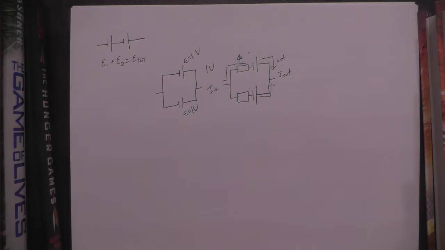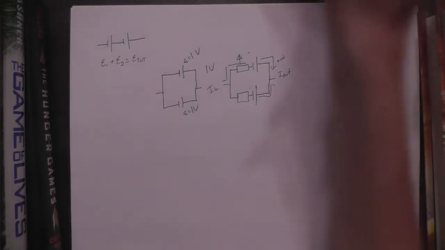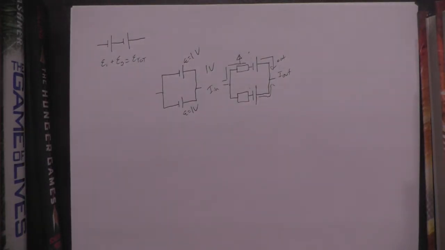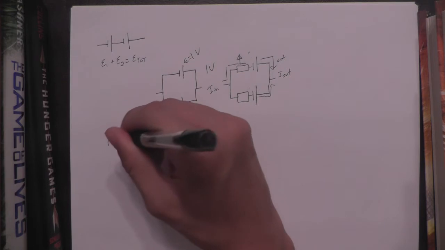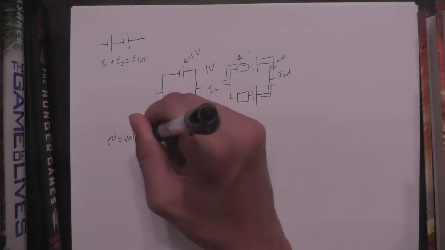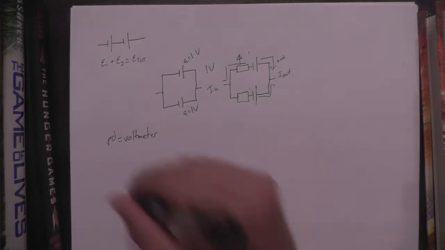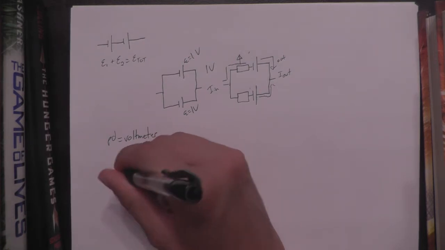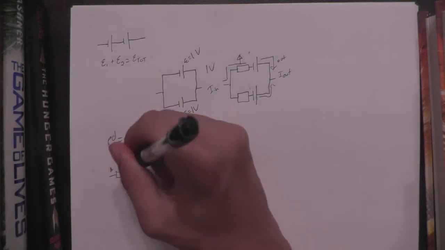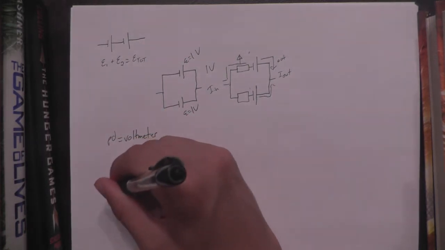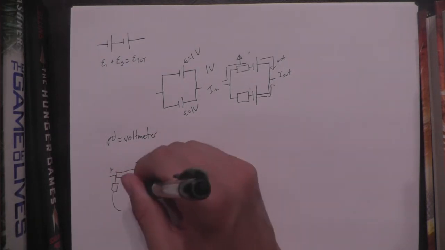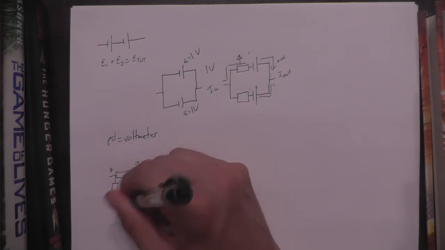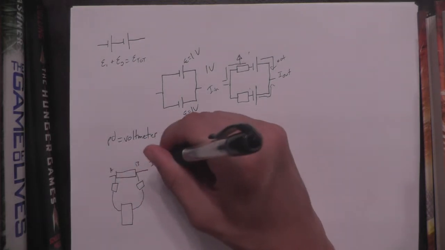Now, how do we measure our voltages and our currents? You measure potential difference with a voltmeter. Say you want to calculate the potential difference from point A to B. You put one node at point A, you put the other node at point B, and the nodes connect to our buddy the voltmeter, and it has to be connected in parallel.